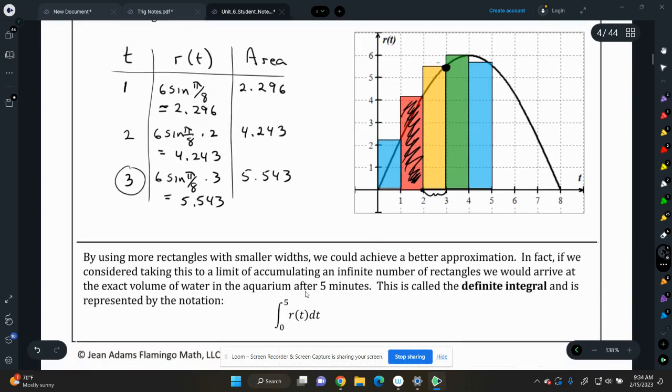I'm going to do that for t equals 4. When t equals 4, we end up with 6.000. Notice we're rounding it to 3 places. When t equals 5, we get 5.543, right?